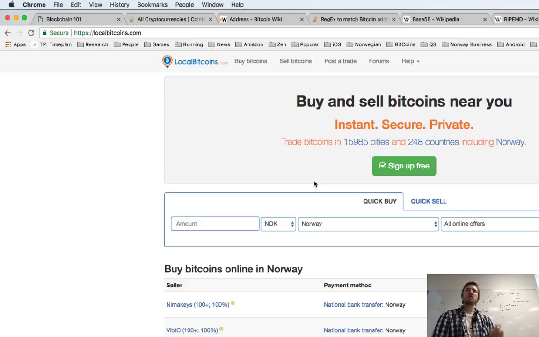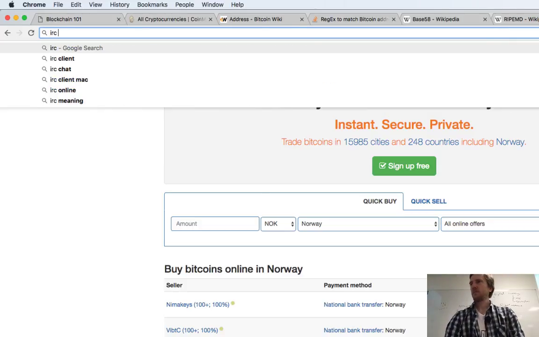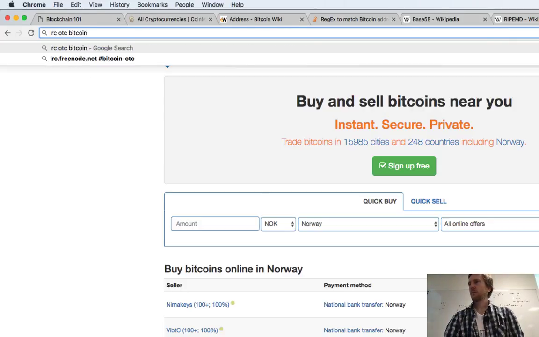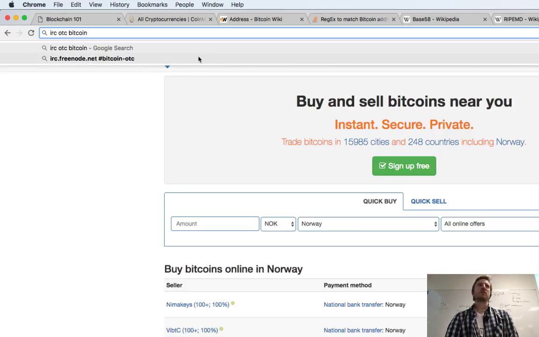People can match the offers to sell and buy using the IRC channel and transact. On Freenode it's called Bitcoin OTC.